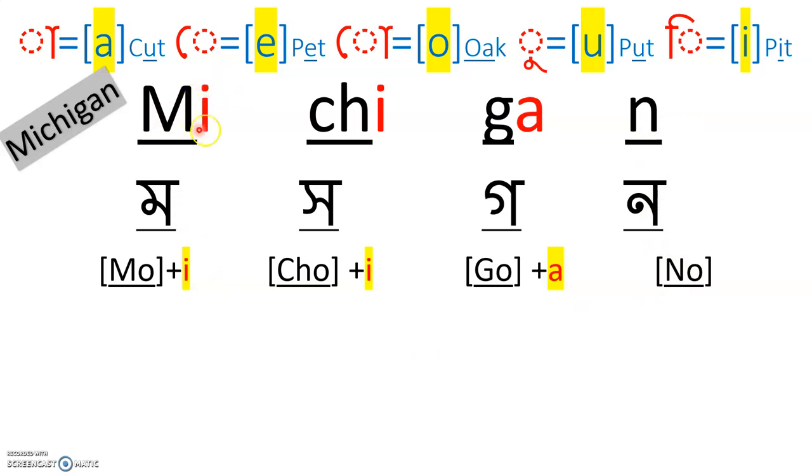Now, because I have I, this I I will bring down right here, and right here another I, right here an A. So I have these 3 vowel symbols that I need to convert. So this Ma plus this I, and I'm going to go right here to bring this symbol down to replace the I and make it sound like an I. Can you guess where I'm going to get this one from?